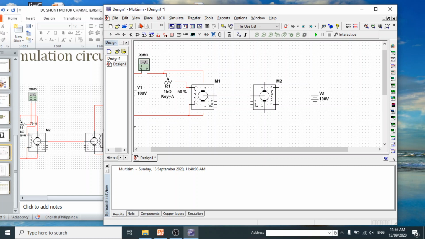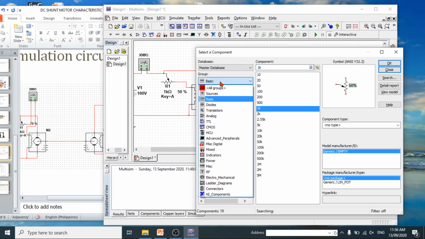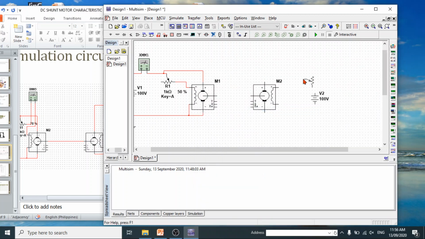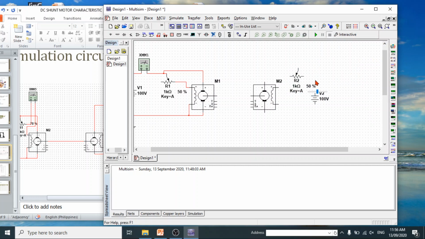So in a generator, click basic, and then find the potentiometer, click OK, then close, then rotate this one 90 degrees clockwise.